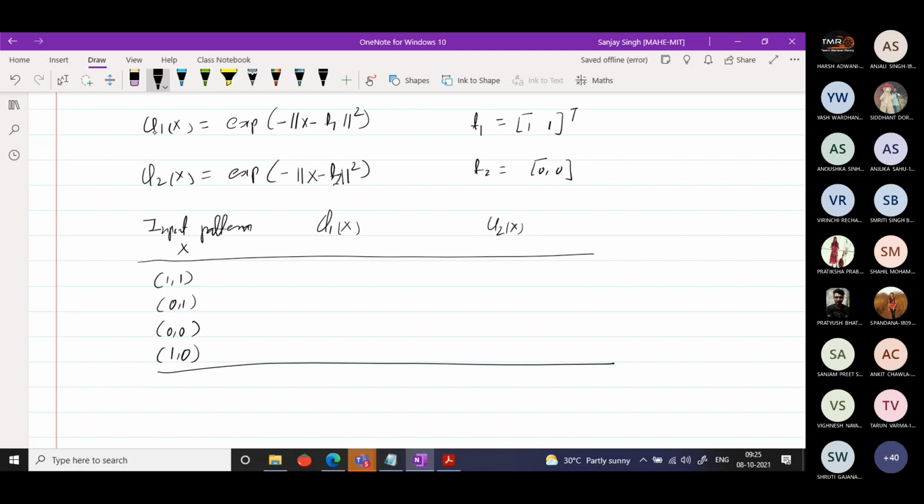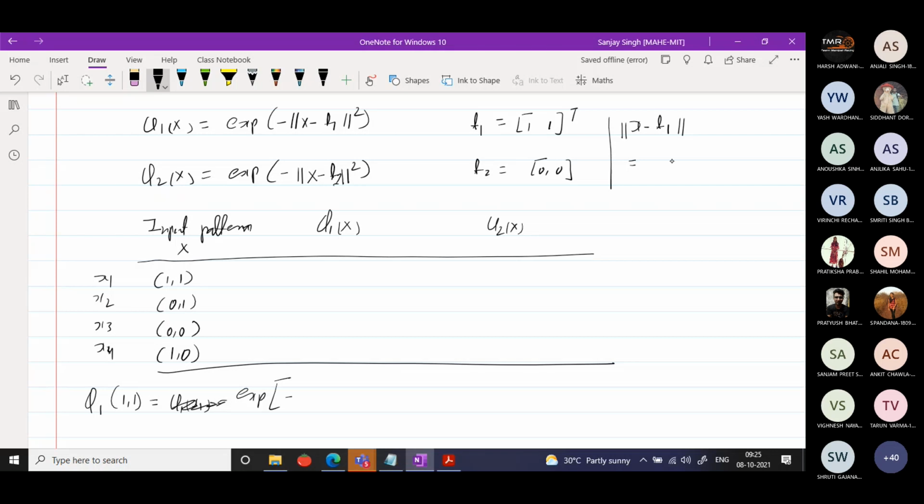Let me take the first one here. I'll compute a few and then show the values directly. Let's say the first point is x1, then x2, x3, x4, but that nomenclature will be unnecessarily confusing. It's basically exp minus the square of x minus t1.